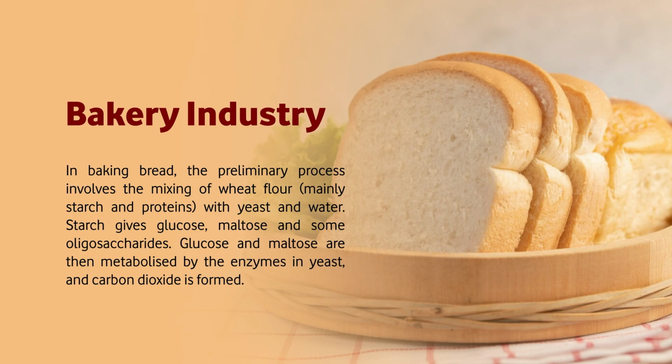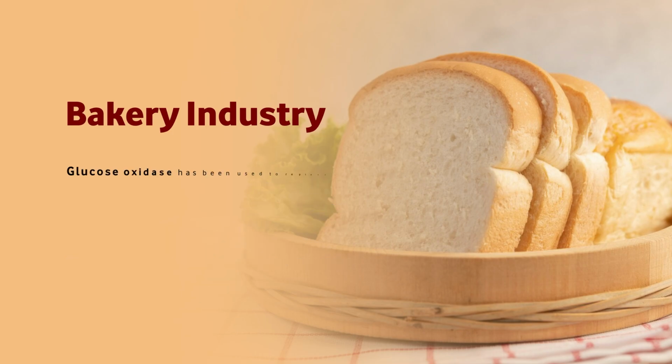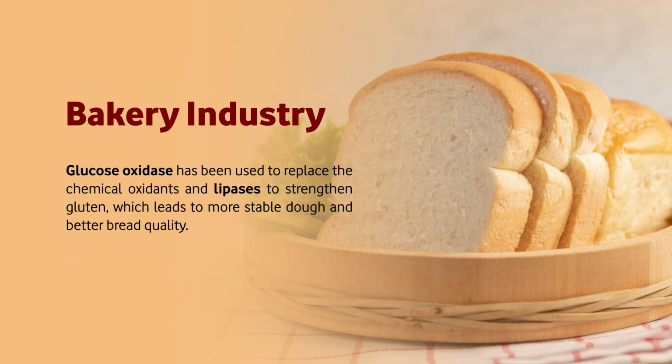Starch gives glucose, maltose and some oligosaccharides. Glucose and maltose are then metabolized by the enzymes in yeast, and carbon dioxide is formed. So then glucose oxidase has been used to replace the chemical oxidant and lipases to strengthen the gluten, which leads to more stable dough and bread quality.